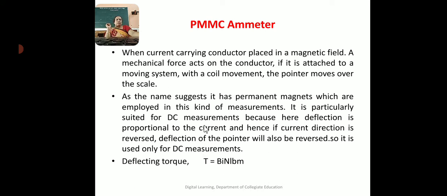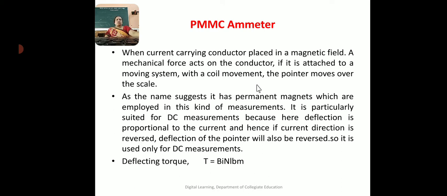As the name suggests, it has a permanent magnet which is employed in this kind of measurement. It is particularly suited for DC measurements. This PMMC ammeter is used for DC measurements because the deflection is proportional to the current, and hence if the current direction is reversed, the deflection of the pointer will also be reversed.